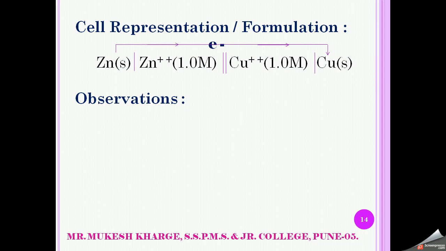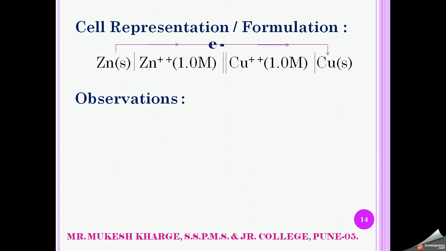If equal numbers are not present, that is, the loss of electrons and gain of electrons are not the same, then you have to balance the electrons by multiplying by a suitable number. In this case, 2 electrons are lost by zinc and 2 electrons are gained by copper, so these electrons are balanced.